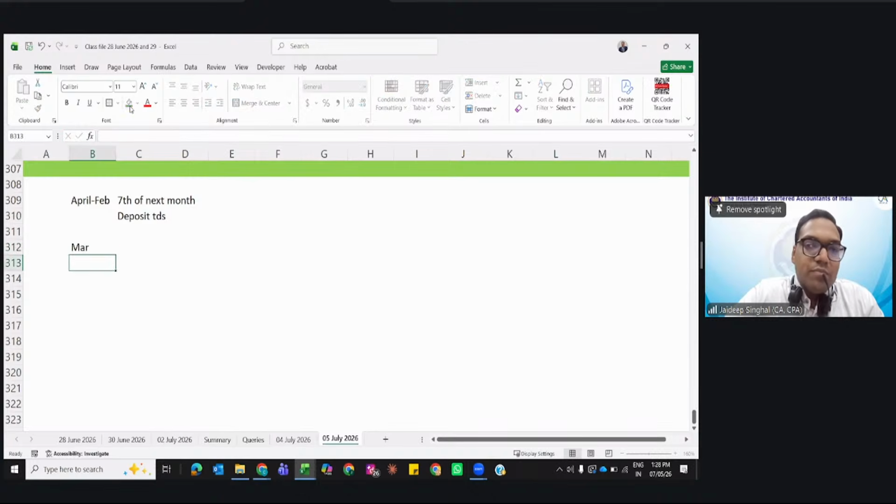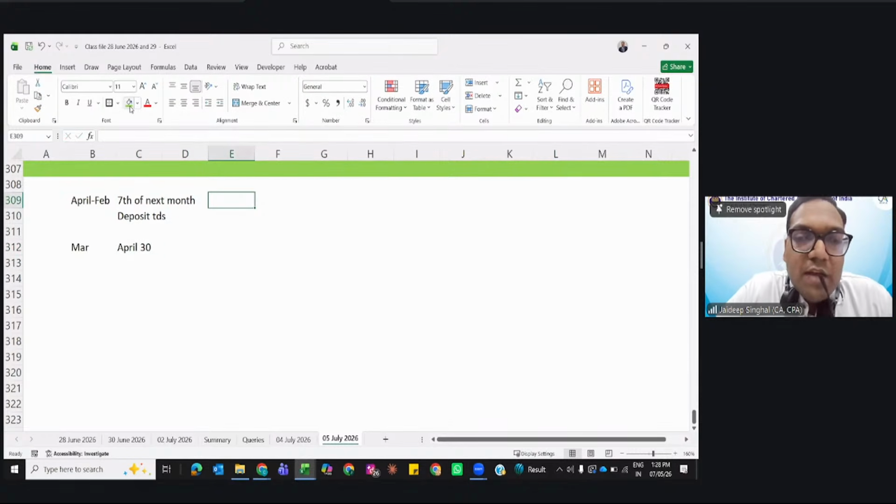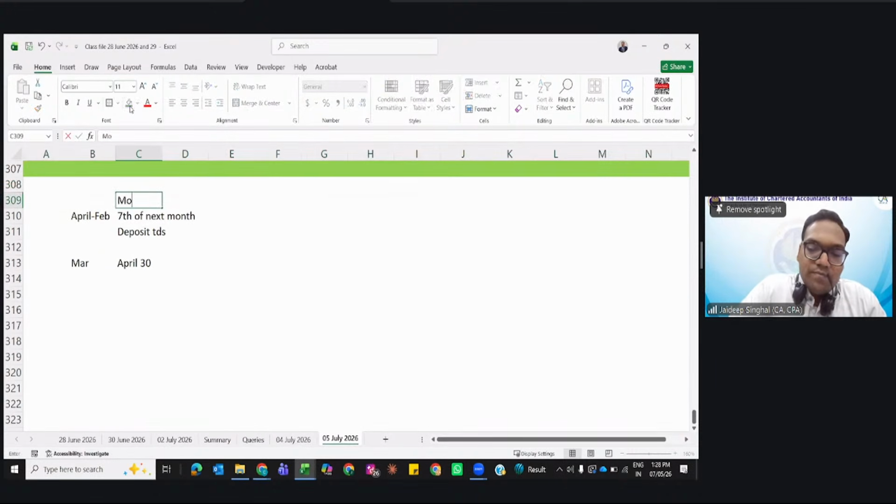And for the month of March, you get till 30th of April, because there are many calculations to be done in March for provisions and all. From April till February, this is the monthly deposit.